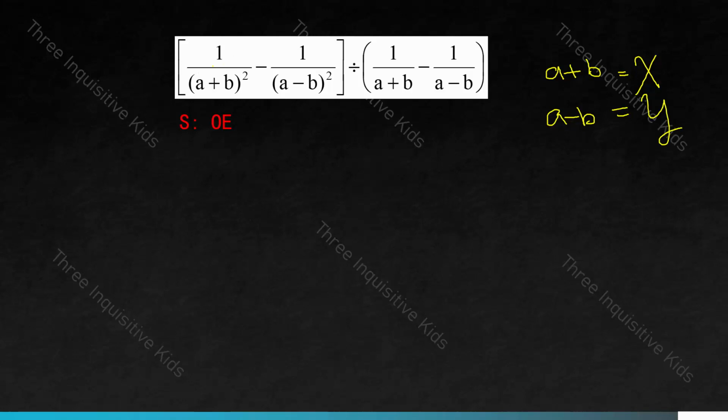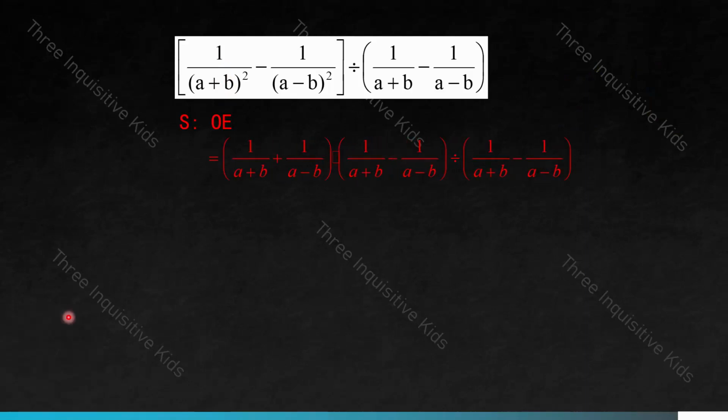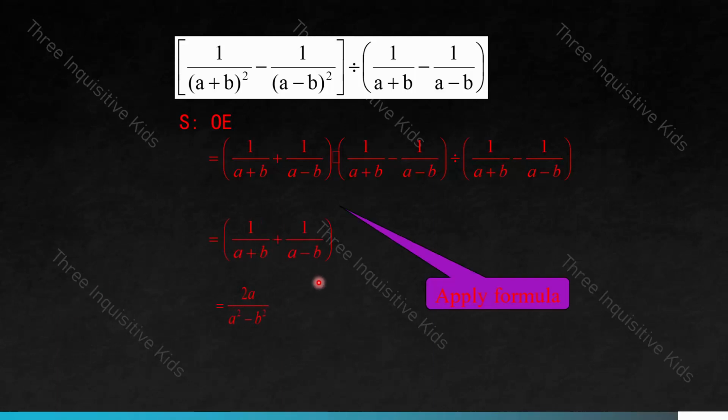If you just replace them with single variables, it makes your calculation much easier to look at. So by thinking of a plus b and a minus b each as a whole, you can just apply the formula, and then in the end, you'll have 2a over a squared minus b squared.